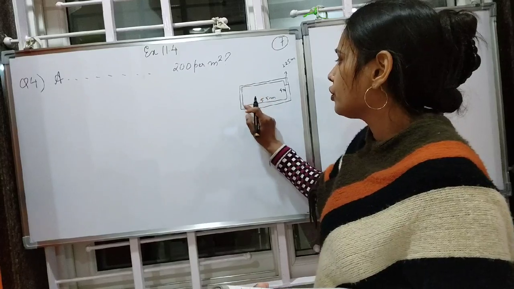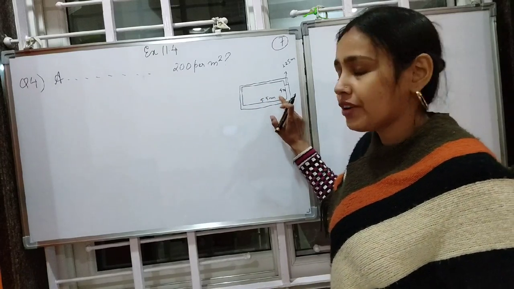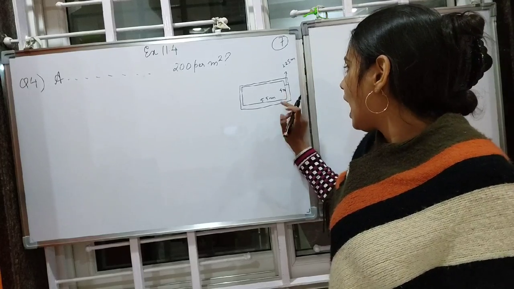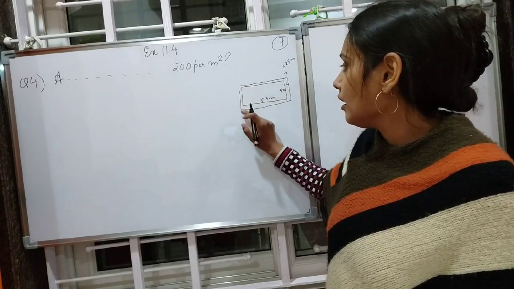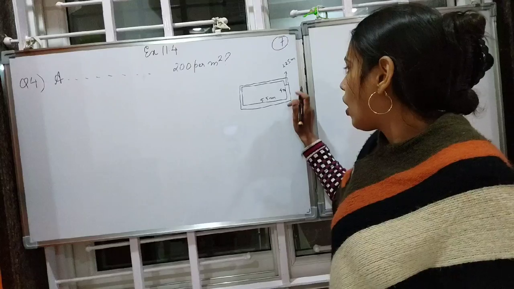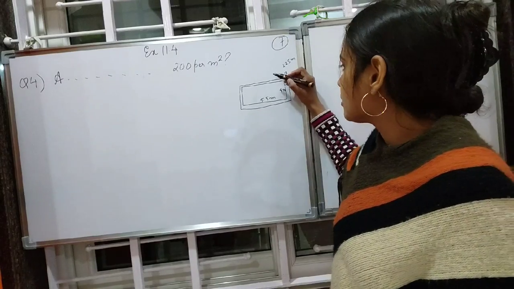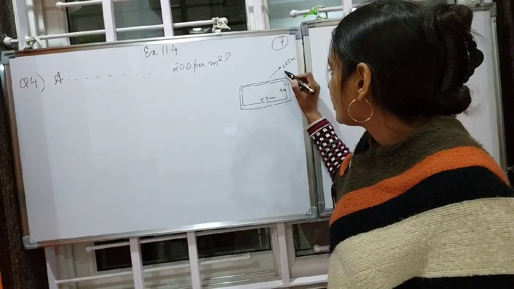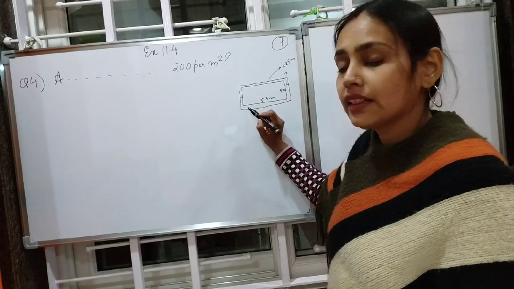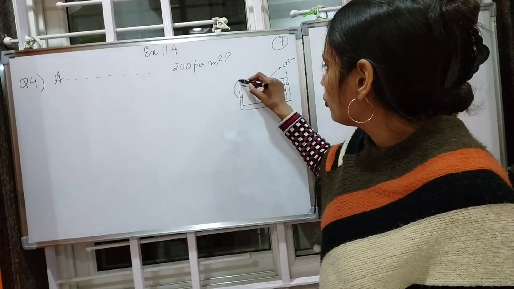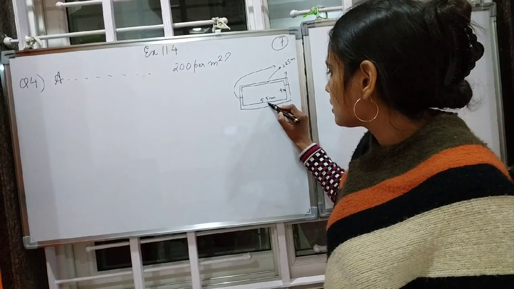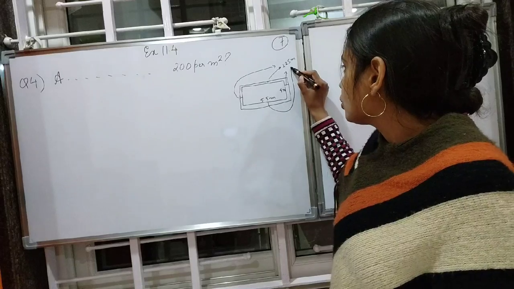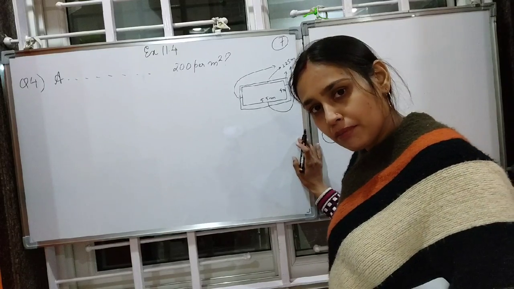So this is the floor of the room, which is 5.5 meters long, 4 meters broad, and a veranda is constructed of width 2.25 meters. That is, this is also 2.25 meters, this length is also 2.25 meters, this distance is also 2.25 meters.